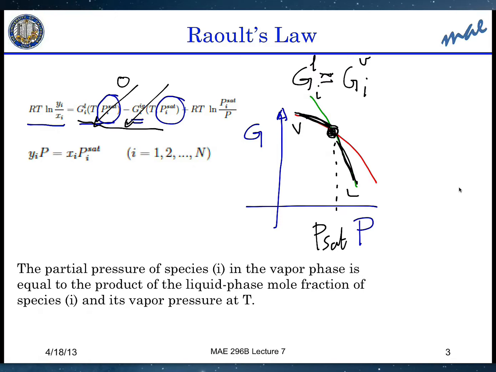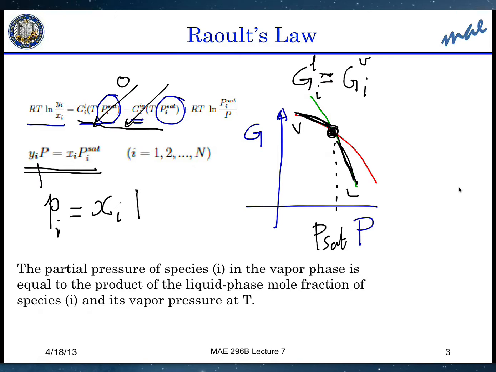Having said that, then you will reach this form of Raoult's law, that the product of y sub I times P is equal to x sub I times Pi sat. This product is essentially the partial pressure of species I in the vapor phase.